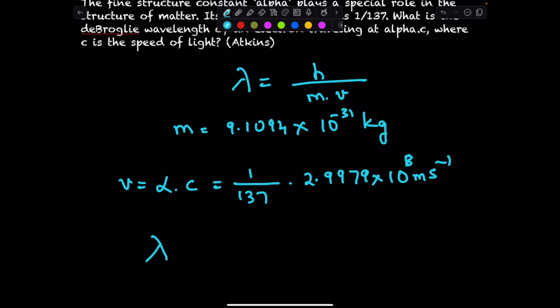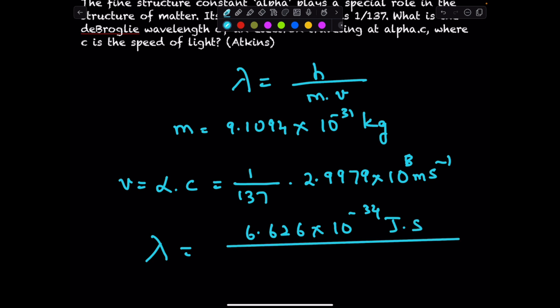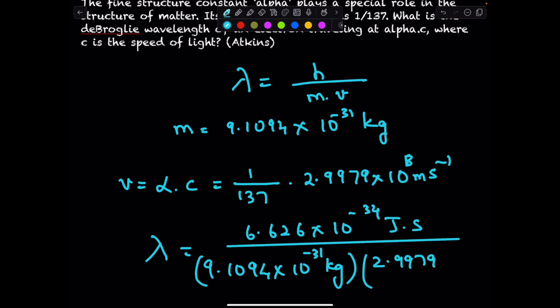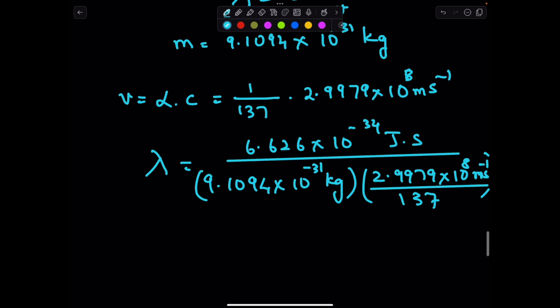So plugging in these values, 6.626 times 10 to the negative 34 joules second over 9.1094 times 10 to the negative 31 kilograms times 2.9979 times 10 to the 8 meters per second over 137. Calculating this, we get lambda equals 332 times 10 to the negative 12 meters.